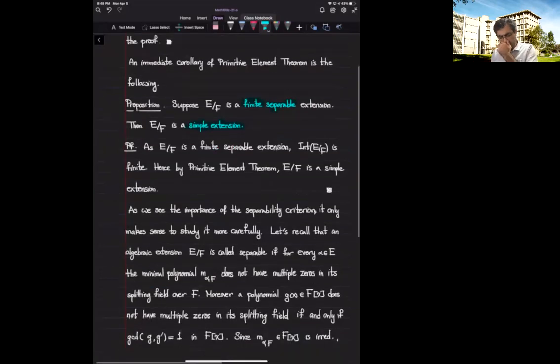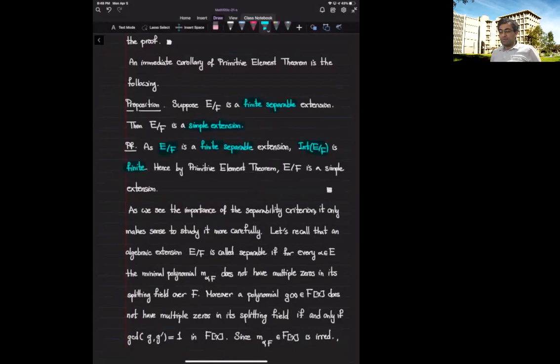Again, let's quickly go over the argument. Because E over F is a finite separable extension, the number of intermediate subfields is finite. We proved this first for Galois extensions using the fundamental theorem of Galois theory.